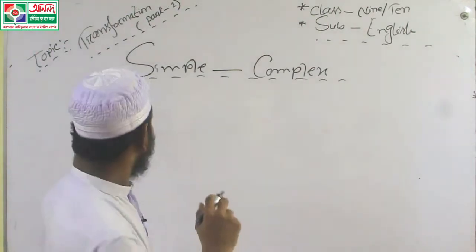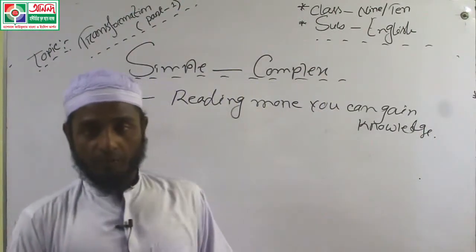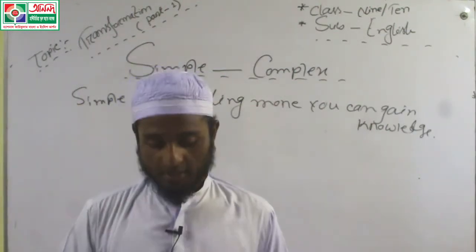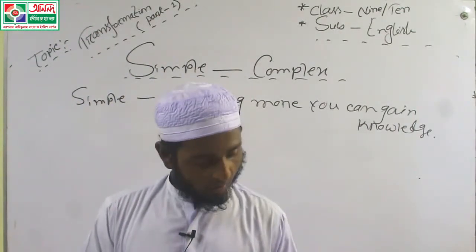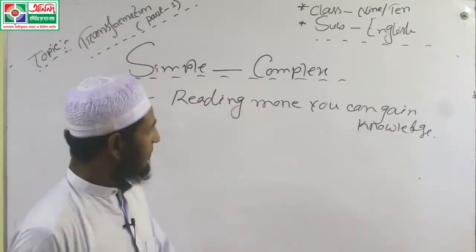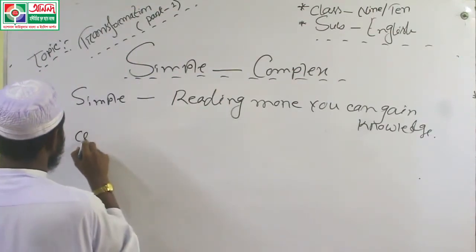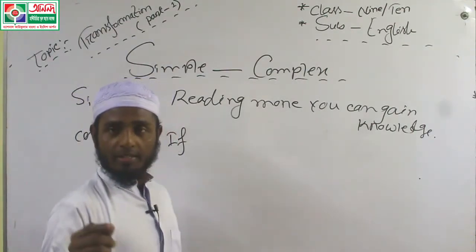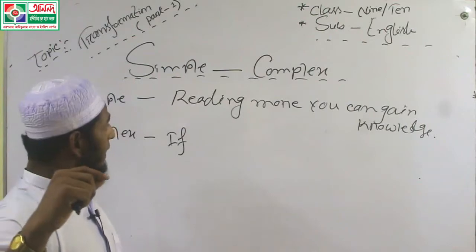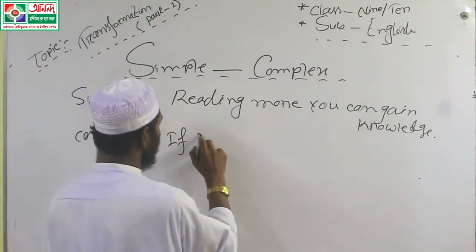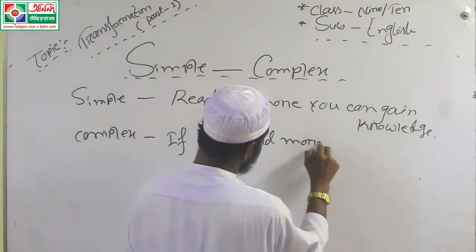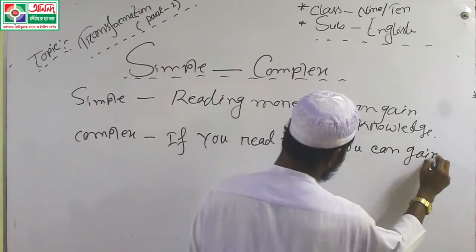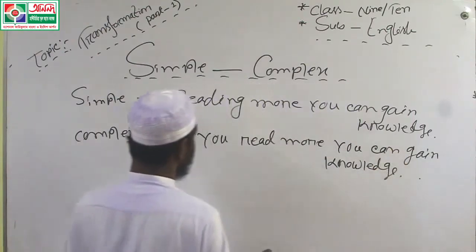Simple sentence: By reading more, you can gain knowledge. Complex: we have to take if, because it is a conditional sentence. If you read more, you can gain knowledge.